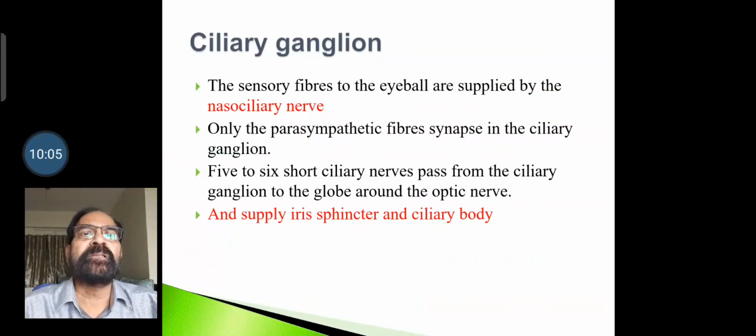The sensory fibers to the eyeball are supplied by the nasociliary nerve. Only the parasympathetic fibers synapse in the ciliary ganglion. 5 or 6 short ciliary nerves pass from the ciliary ganglion to the globe around the optic nerve and supply the iris sphincter and ciliary body.